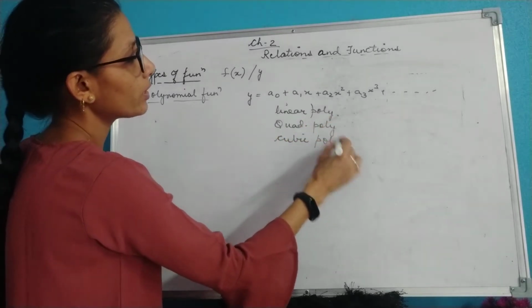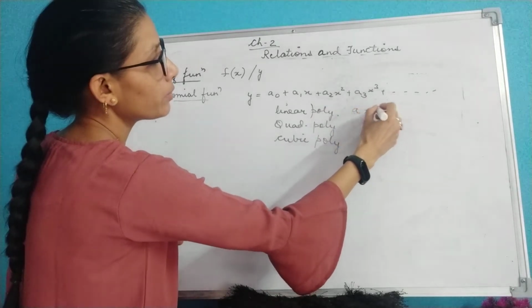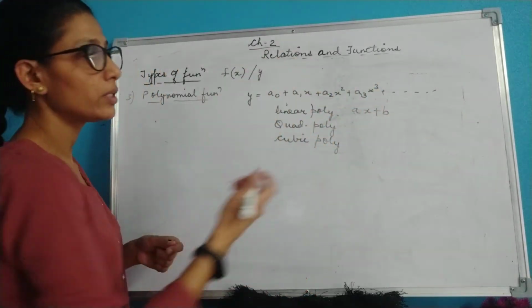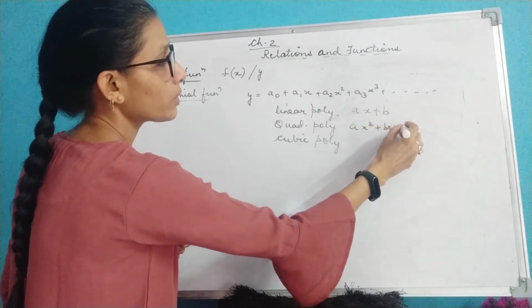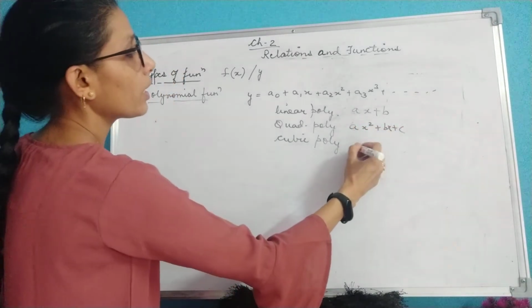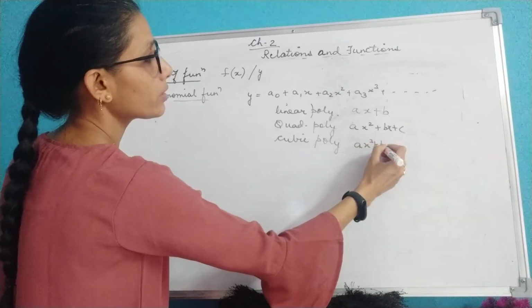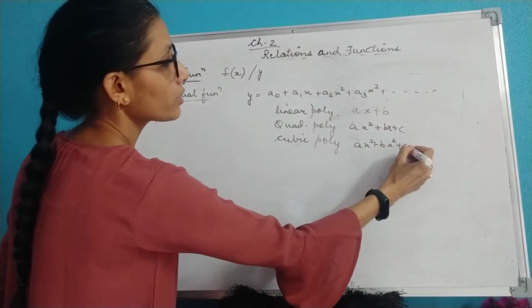And you know that a linear polynomial can be written as ax plus b in its standard form. A quadratic can be written as ax square plus bx plus c in standard form. And cubic, it can be written as ax cube plus bx square plus cx plus d.